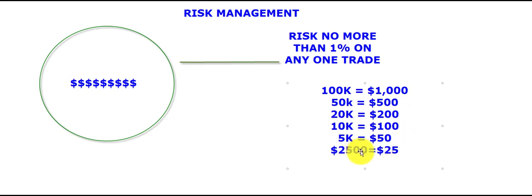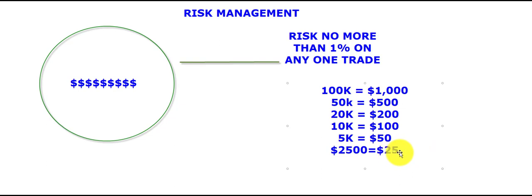So if you're trading down here at $2,500 and you trade one micro on the NQ, and you're exercising disciplined entries and disciplined exits, you would be risking $25 to make how many? $75.